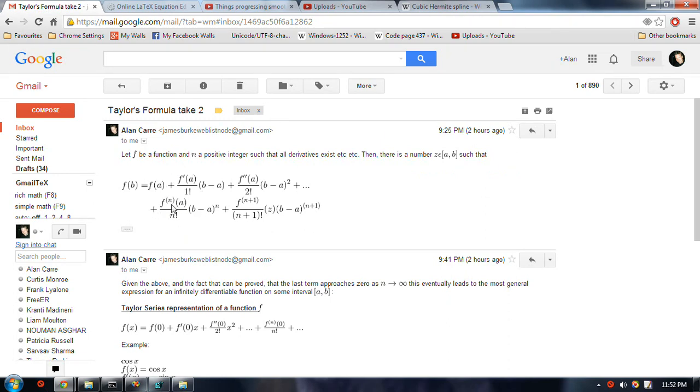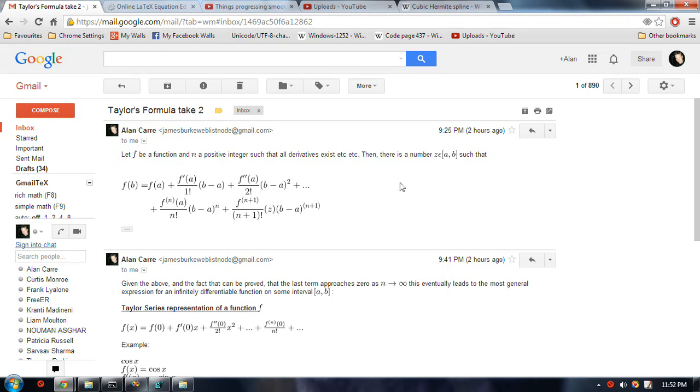The 100th derivative of f at a over 100 factorial times (b minus a) to the 100, and then plus one extra term called the remainder, and you can show that this remainder gets smaller and smaller as you increase the value of n.